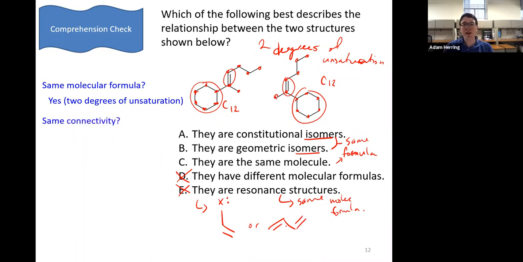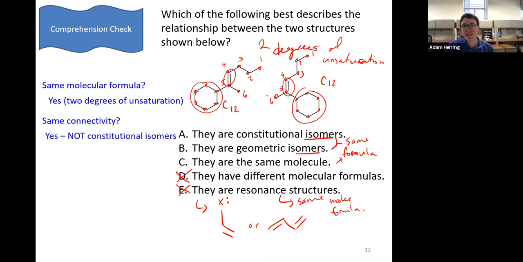Do these have the same connectivity? This is a little bit harder to tell, but what you could do is you could number the carbon atoms in this chain. We see that they both have 6 carbons long and then this blob on the side of them.